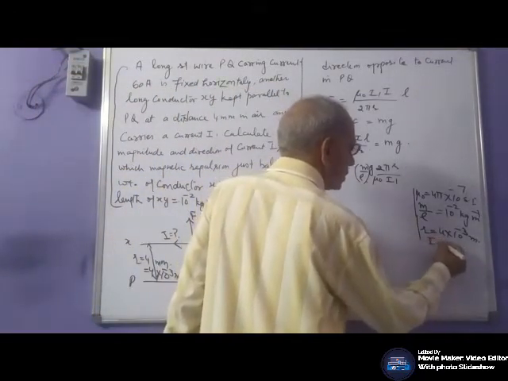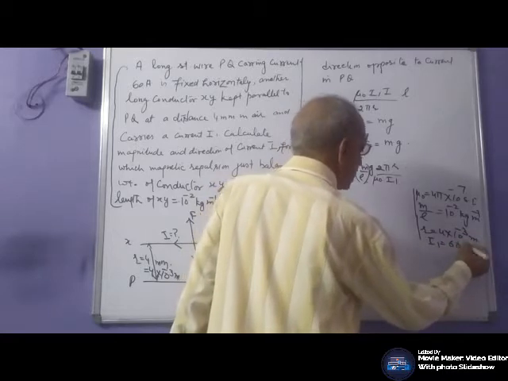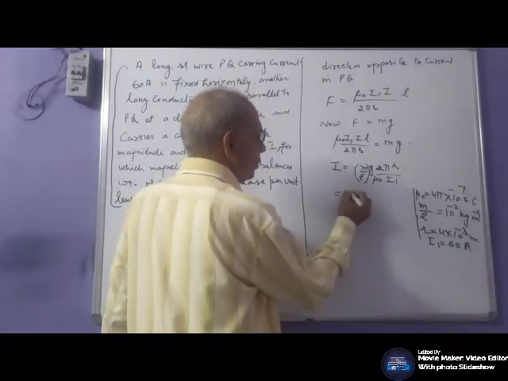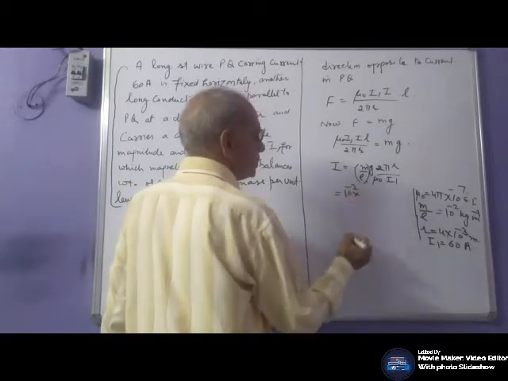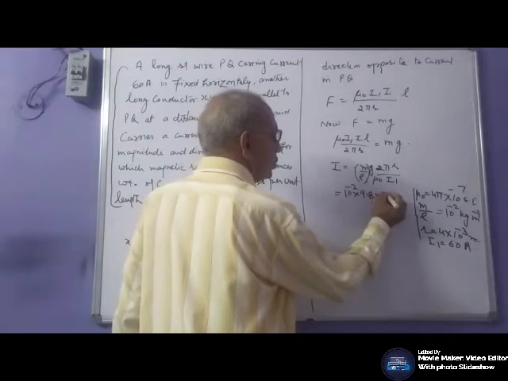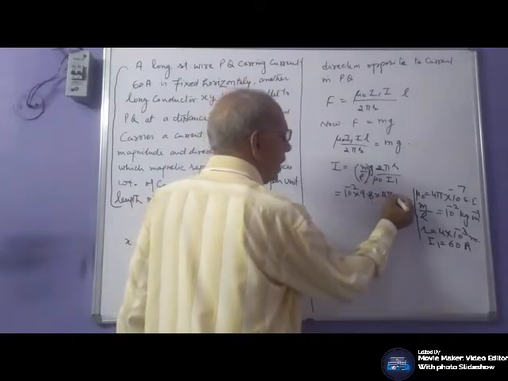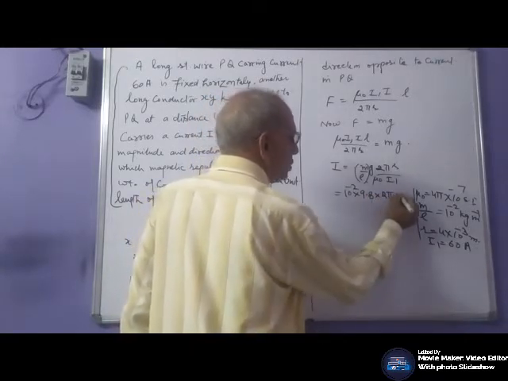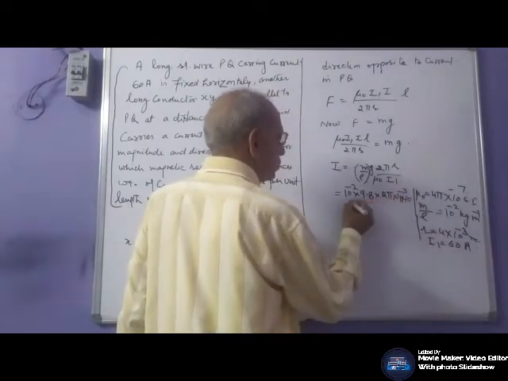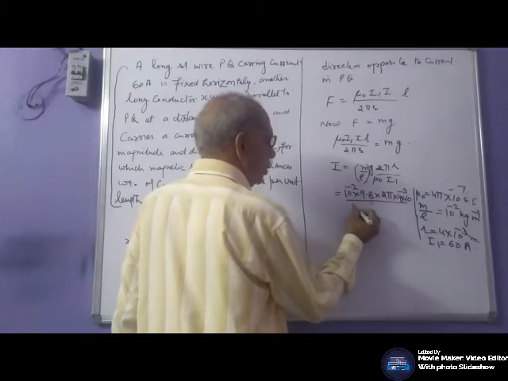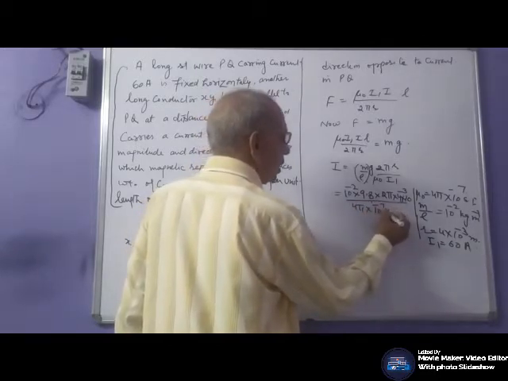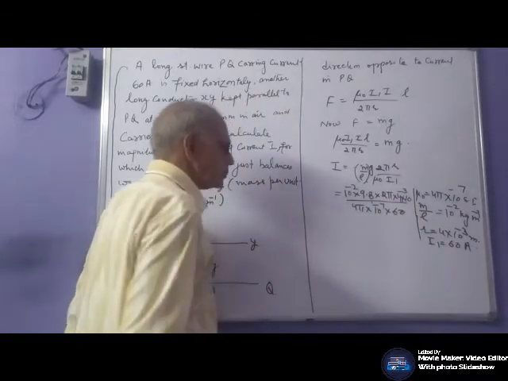I1 is 60 ampere. These things are given. So M by L, g say 9.8, 2 pi, R is 4 10 to the minus 3, mu naught 4 pi 10 to the minus 7, I1 60.